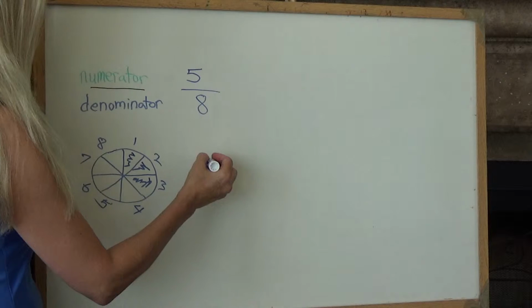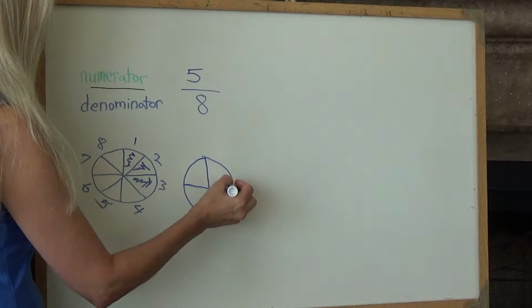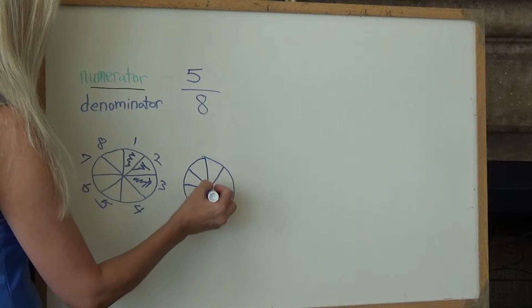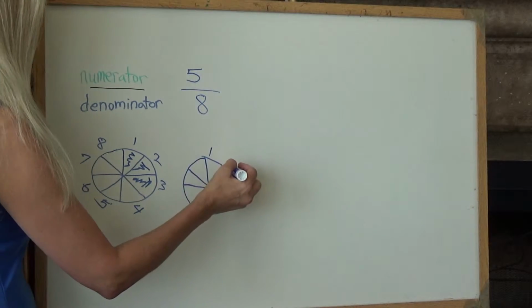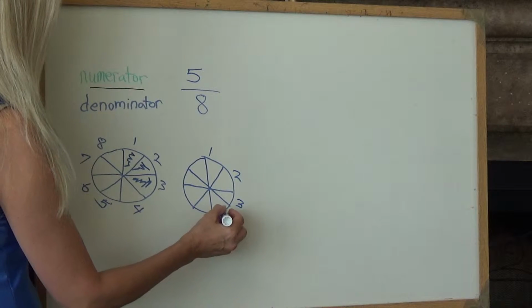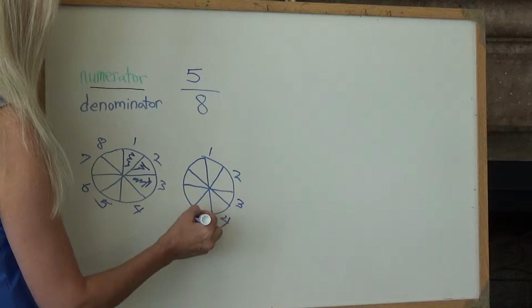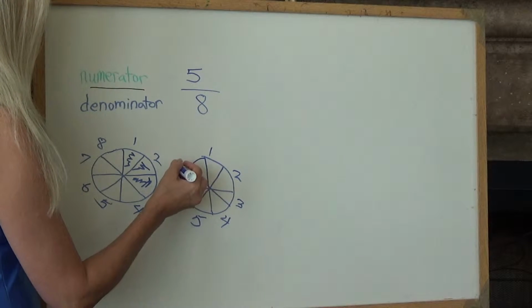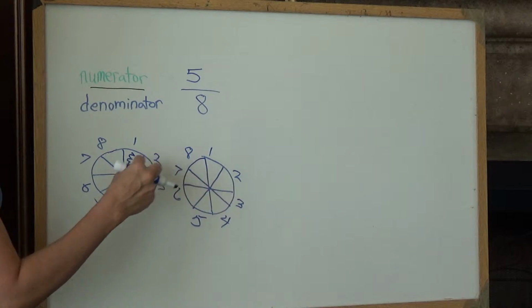Well, what if there were 2 pizzas and we invited friends over and those friends ate some pizza? This pizza would be divided into the exact same number of pieces, so they're the exact same size pieces of pizza. We have 8 friends and we're going to give each friend 1 piece, so each of them will get the exact same amount of pizza because they're all cut in the same sizes.